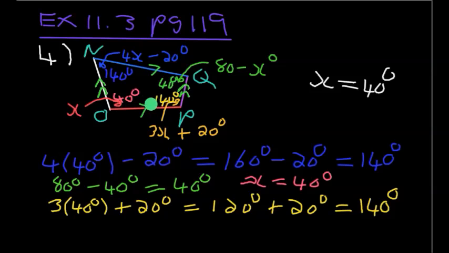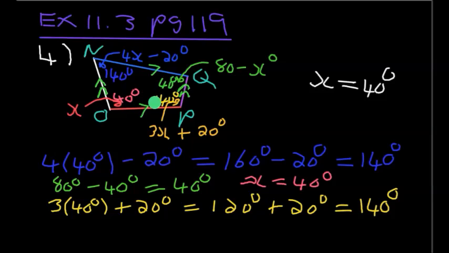A rectangle has 90 degree angles. So it therefore cannot be a rectangle. What's our next possibility? A square also has two pairs of parallel lines, but this can't be a square because a square also has 90 degree angles.